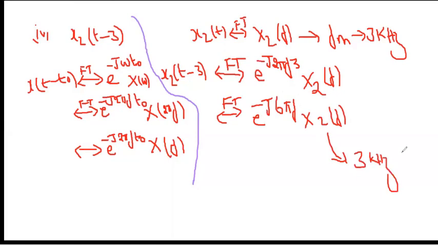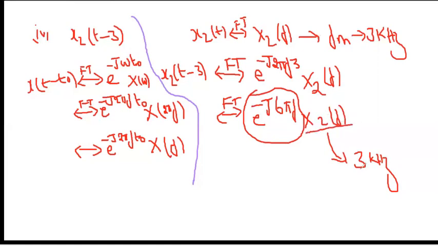Even if it is multiplied with the exponential value, for x2 of t minus 3, even though it is multiplied with e power minus j 6 pi f, the x2 of f has the maximum frequency of 3 kilohertz. Nothing but it's band limited to 3 kilohertz, my dear students. Okay, for the x2 of f only.